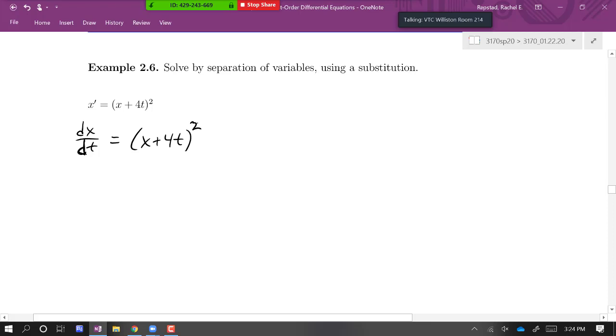It's not separable. I think pretty quickly we can see we're not going to be able to separate that out as a function of x times a function of t. But we can make it separable if we make the substitution u equals x plus 4t.